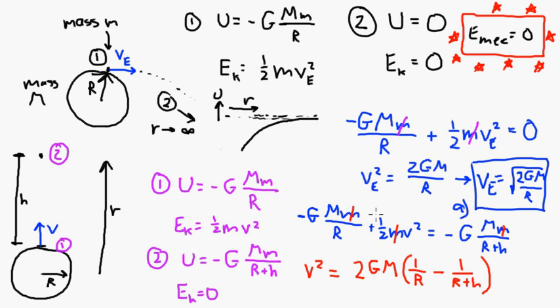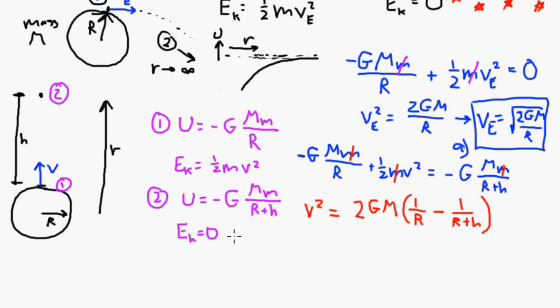This is where it gets a little trickier, but we wanted to find h, right? So we want to solve this all for h. Let's see, what's a good way to do this?